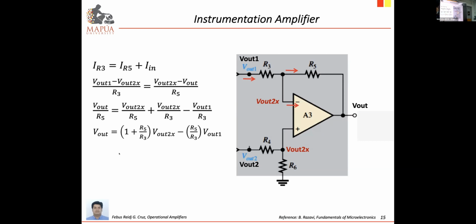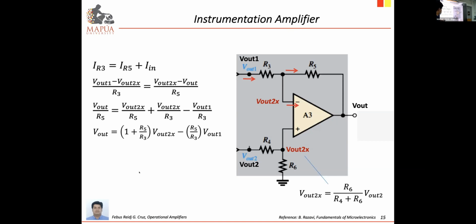Okay? So again, check the form, non-inverting and inverting. Then for V out 2X, here is the voltage drop across R6. So apply voltage division. You have V out 2 multiplied by R6 over the total of the series resistors.